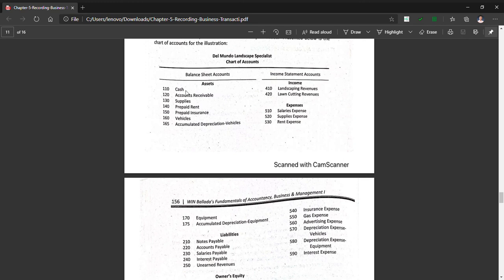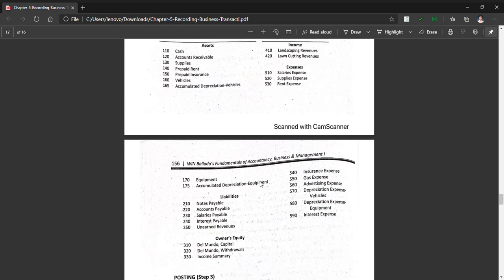Okay, so, yung cash, accounts receivable, supply. So, 1, 2, 3, 4, 5, 6. 65 ito kasi yung accumulated depreciation vehicles, this is actually connected sa vehicles. Yung use lang nito, yung accumulated depreciation, is to decrease the amount of the vehicle account.